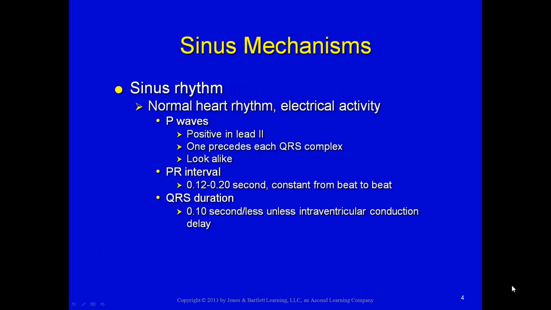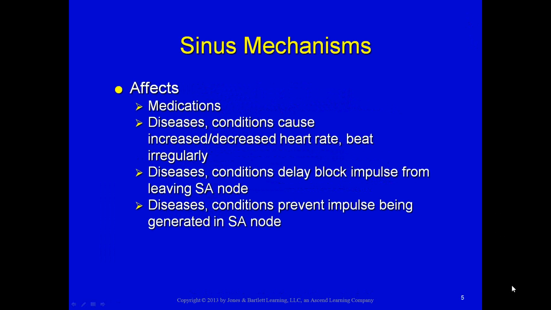If the PR interval is longer than 0.2 seconds or longer than 5 small squares, then that's an indication of a first-degree AV block.